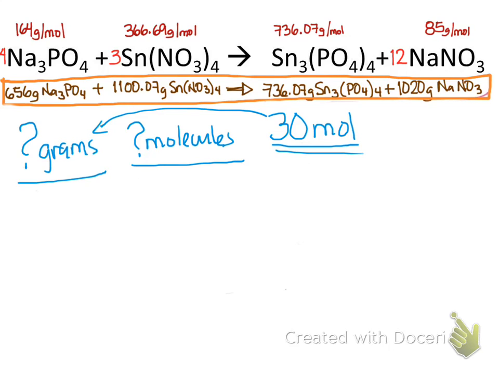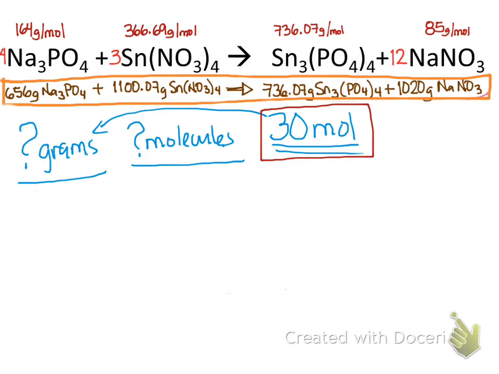I am asking you to calculate how many grams of sodium phosphate you will need to produce 30 moles of tin phosphate. Okay, I will show you one way to solve it, and then you will solve the other part.